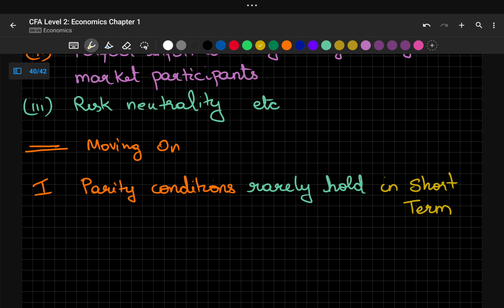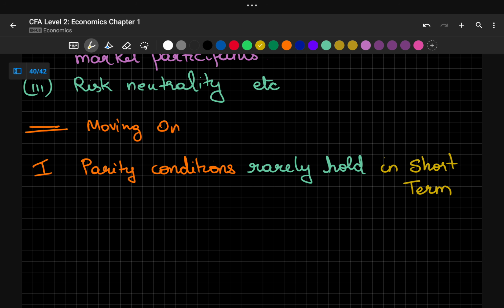So these parity conditions help us understand the future movement of exchange rates, but we can only find a long run movement, not short run, because it is more difficult to predict the short run movement. An exception is covered interest rate parity, because it is completely hedged. We have already fixed the forward rate at which we would be converting back the currencies.